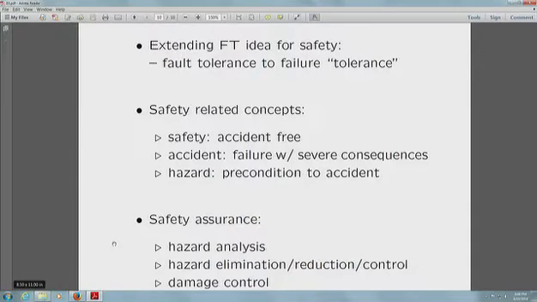One of the very famous software-related accidents is the Therac-25 accident. It's a radiation therapy machine, and under certain conditions, it can malfunction and deliver a massive dose of radiation to patients, actually killing several patients. So that's actually a software problem.